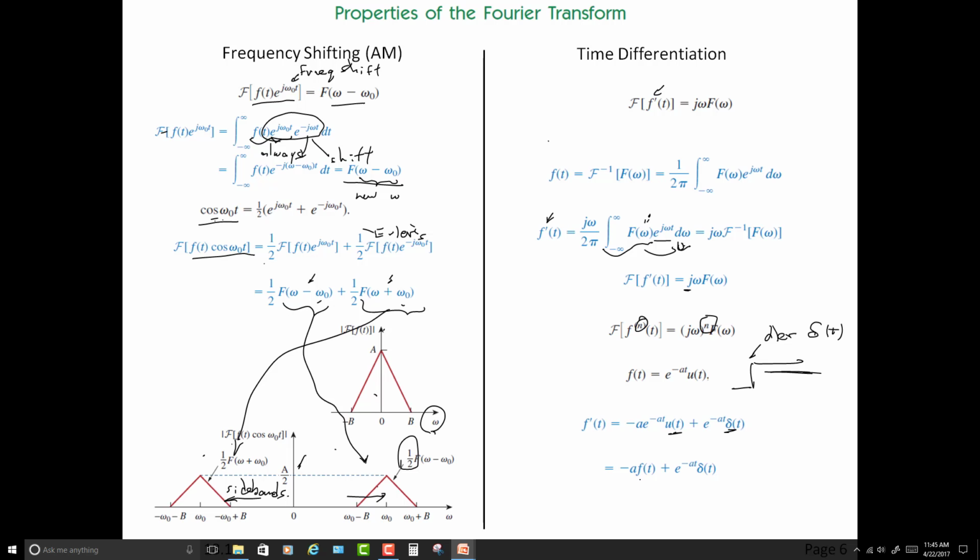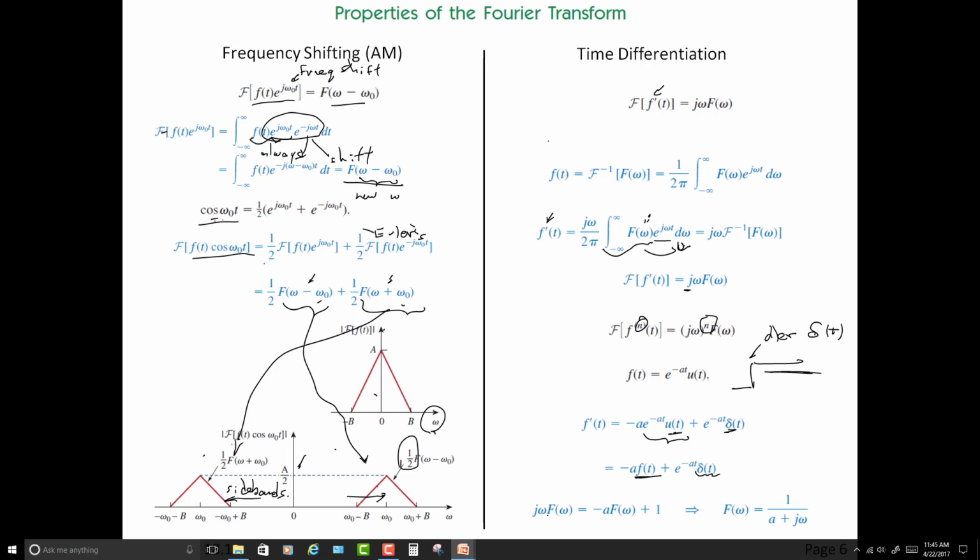And after pulling things together, well, here we are. We recognize we have the original function again, plus e to the minus at times the unit step. This is all a consequence of the fact that I pointed out here. You introduce a delta function as a result of the step in magnitude.